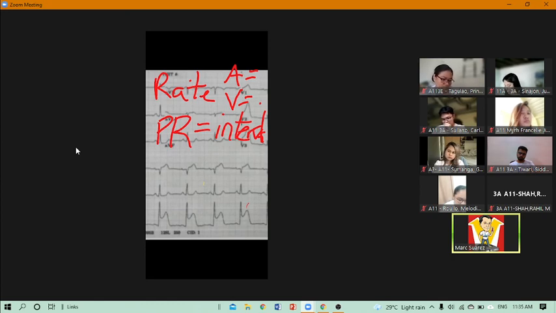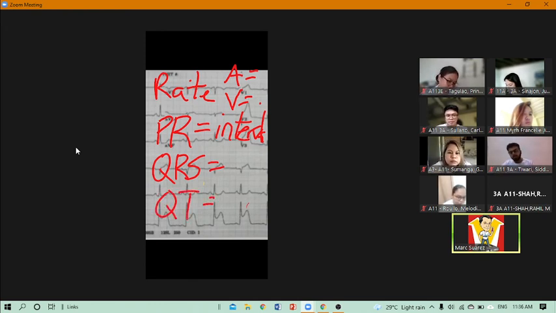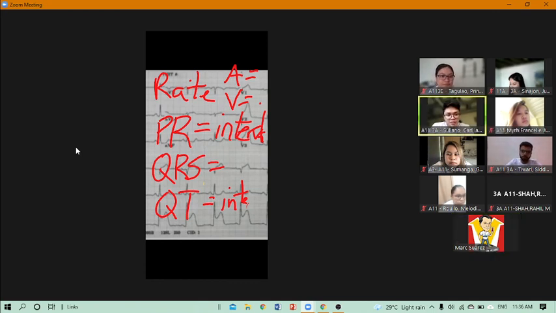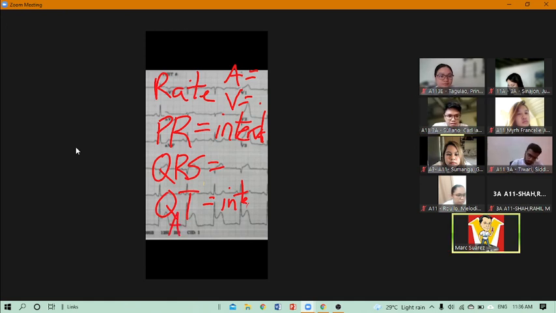Okay? We will determine the QRS interval, and the QT interval. Okay? Should we include the axis, Doc? This Thursday, I'm sorry, I forgot. So we will also review how to determine the axis and the position of the impulse. Okay? Is that good?